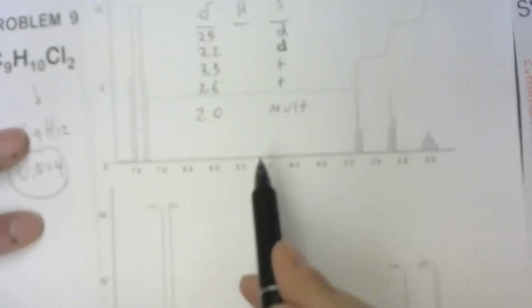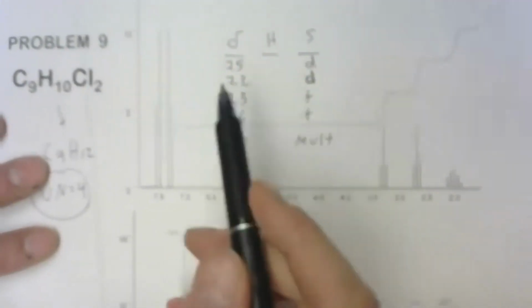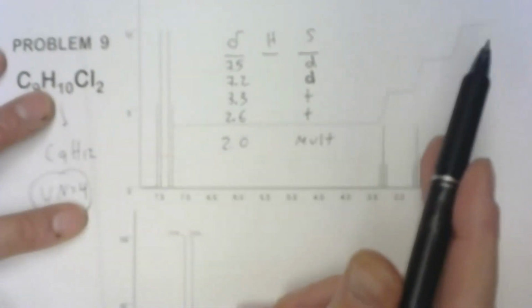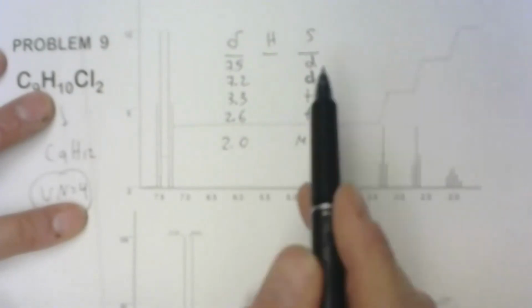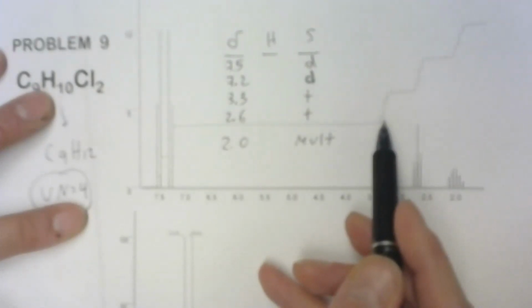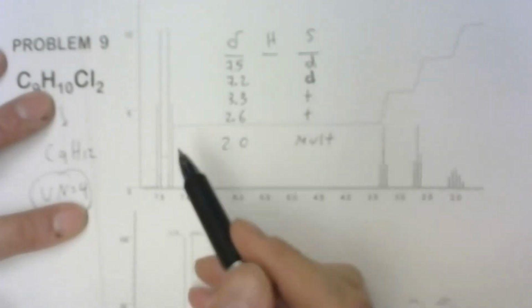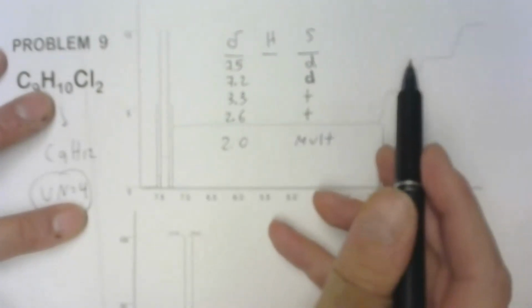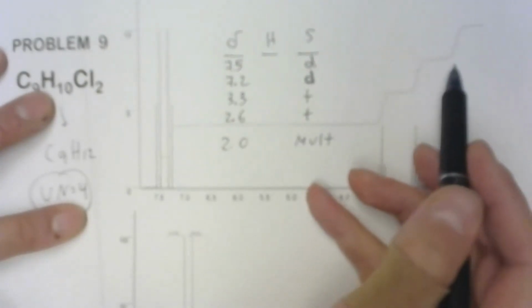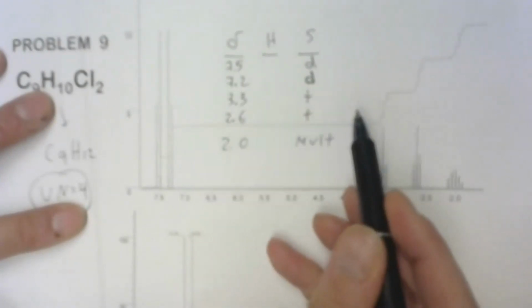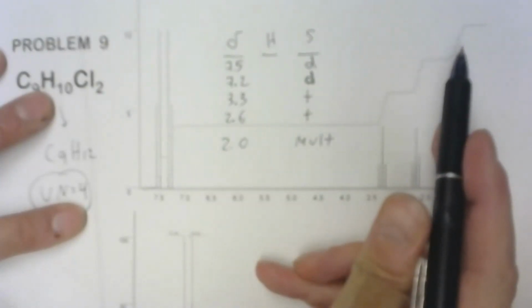Okay, so what are the H's? How do we do that? Remember how we do that? We have 10 protons, so we have to come up with a system that adds up to 10. And conveniently, the integration is the little curve, right? Well, it looks like this distance is the same as this distance, is the same as this distance, is the same as that distance. It could totally be 2, 2, 2, 2, 2, and that should be 10.